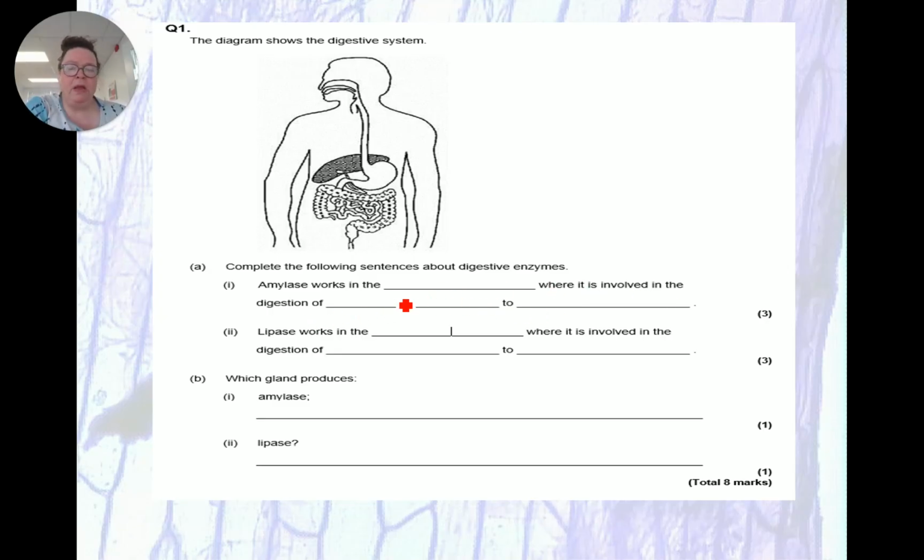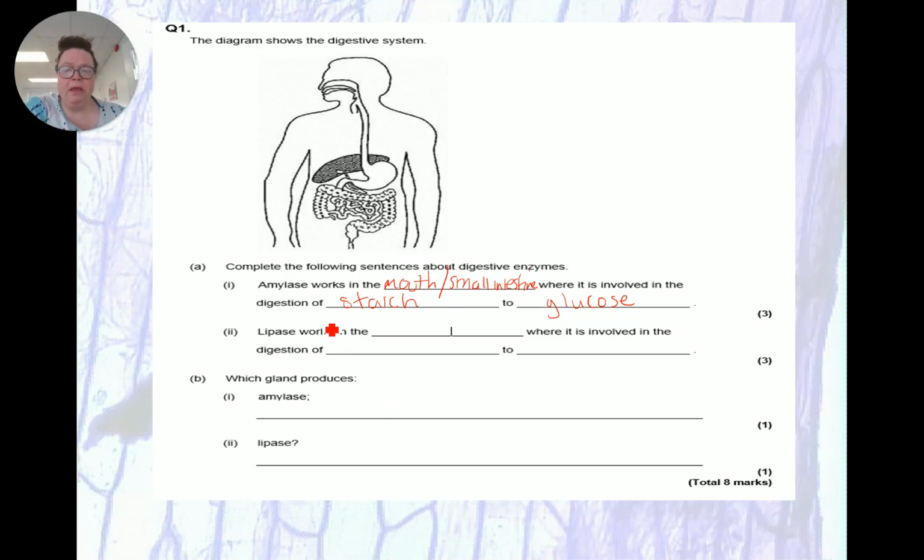So you could either have mouth here, or you could have small intestine. Okay, either is fine. Digestion of starch, we could have carbohydrates to glucose. So well done, 3 nice marks there.